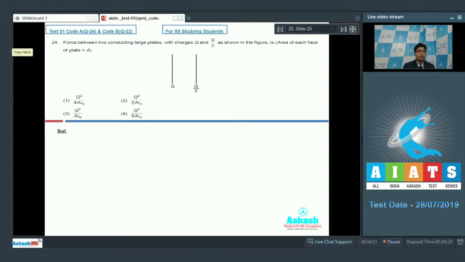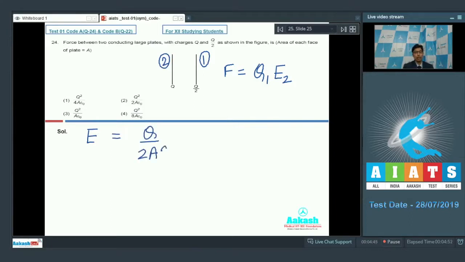Now dear students, force between any two plates can be written as charge on one plate multiplied by electric field due to second plate. Let us assume that this is the first plate and this is the second plate. Now, electric field due to any plate is equal to Q by 2A epsilon naught.